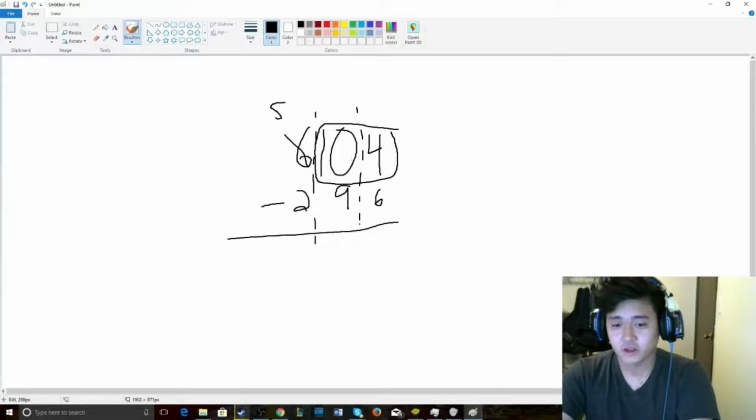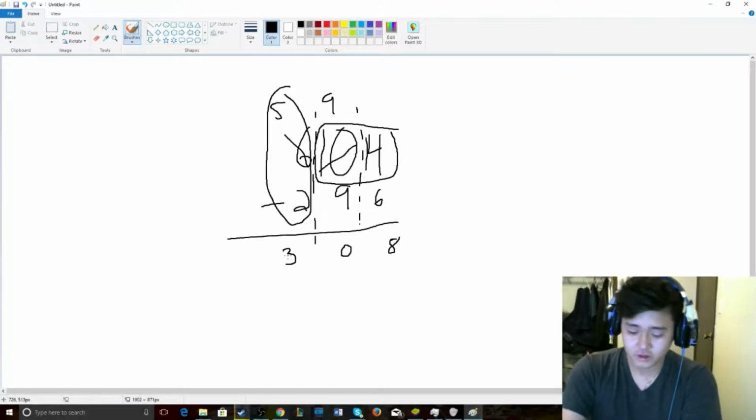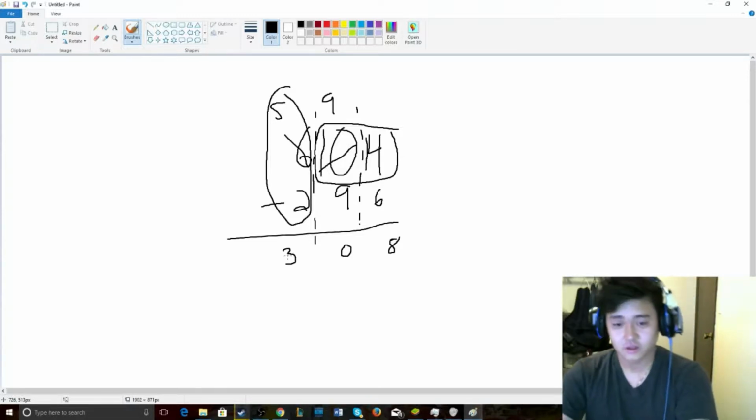So by making this 104 minus 96, we then cross this, get the 9, add the 1 here, and now we can do subtraction normally, and we'd end up with 8. So 104 minus 96 is 8 on its own. But we also have to pay attention to this last category over here, which is the 5 minus 2, and then that's where I put the 3, and that's how we get the answer, 308.